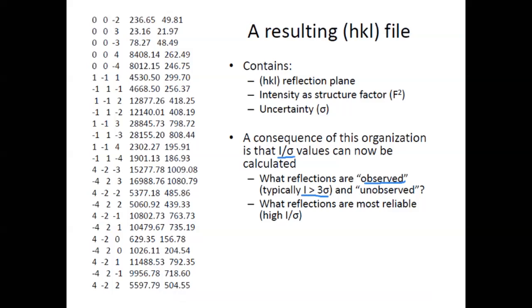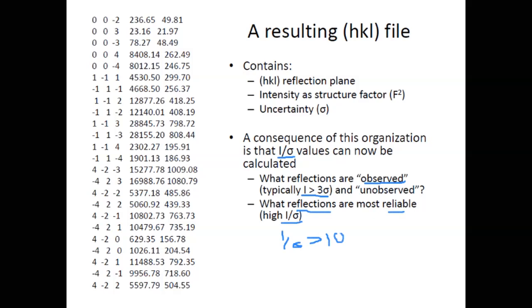And to know which reflections are most reliable, we have to look at I over sigma. And so I over sigma, we want it to be greater than 10, or preferably 15.